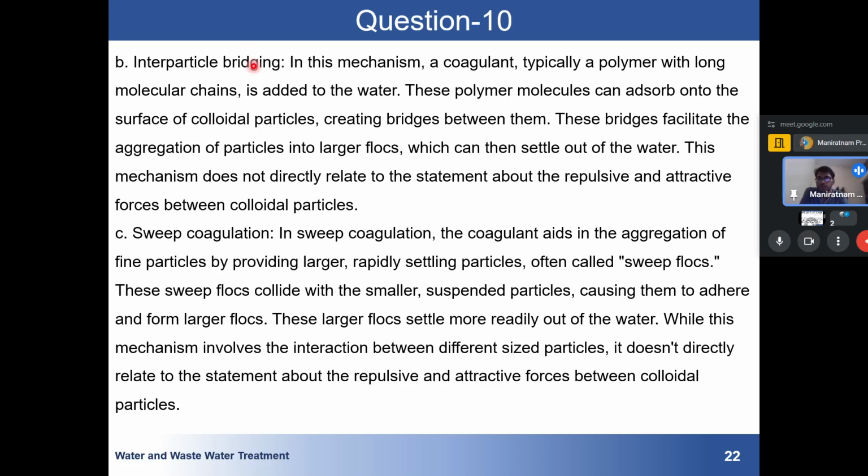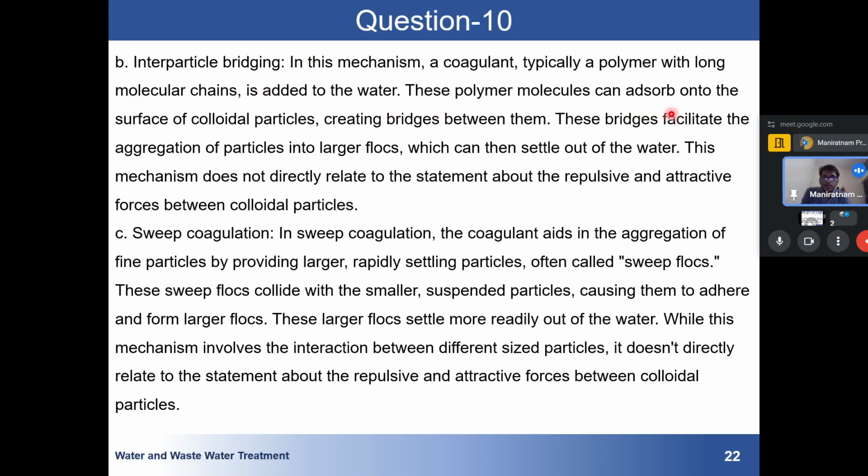So, interparticle bridging. In this mechanism, a coagulant, typically a polymer with a long molecular chain, is added to the water.